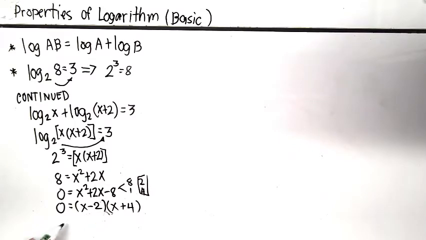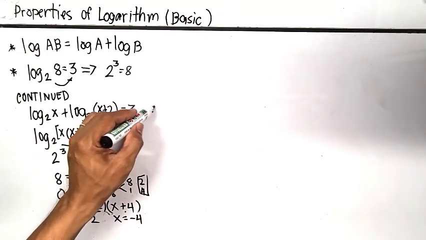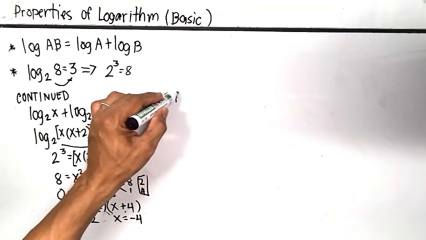From each of the binomial factors, we can get x equals 2 from here, and then x equals negative 4 from this other factor. Then we have to check. How do we check?